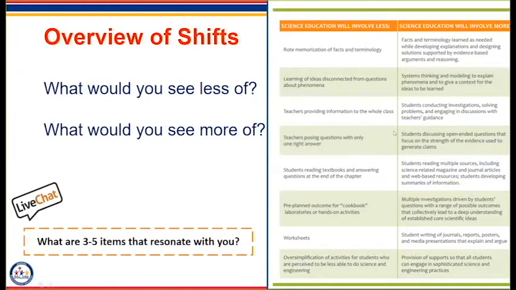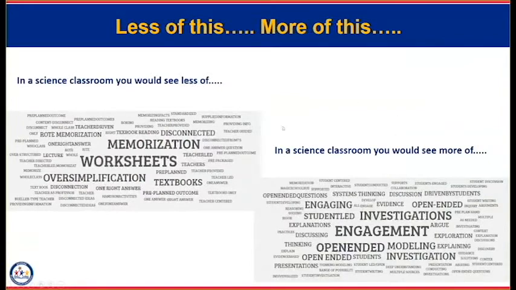So let's take a look at this word cloud. This was generated with a group of high school teachers in Coolidge, and basically we asked the same questions, and here is the input. So on the left you can see what should a science classroom see less of, and we're talking about rote memorization, worksheets, textbooks, pre-planned outcomes, one right answers, really just that cookbook sort of one and done sort of labs.